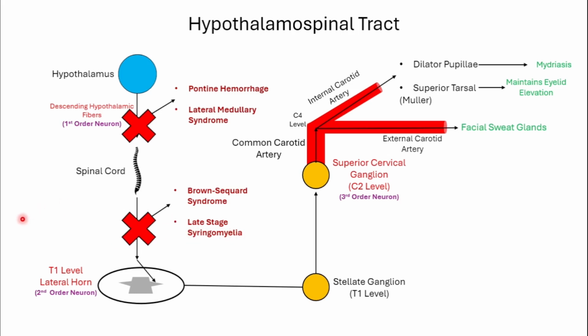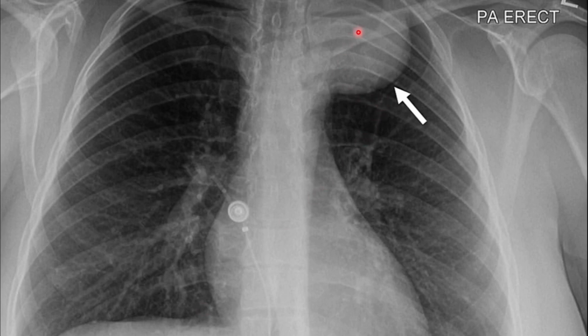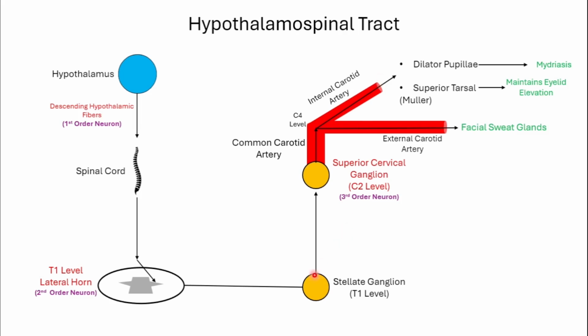Now, a second-order neuron lesion can happen anywhere from the lateral horn of T1 to the superior cervical ganglion. An example of that is the Pancoast tumor, which is a rare form of lung cancer that occurs at the apex of the lung, possibly compressing the stellate ganglion and affecting the hypothalamospinal tract.